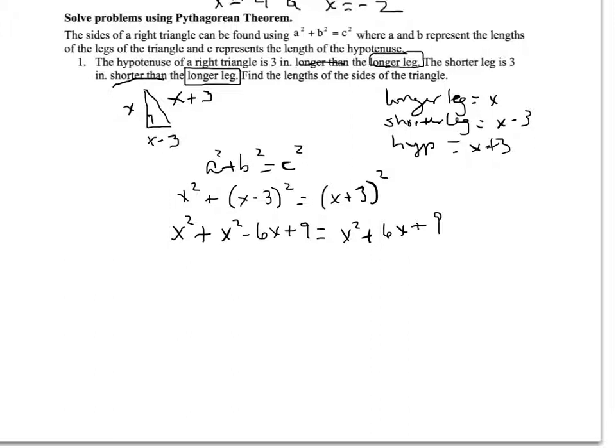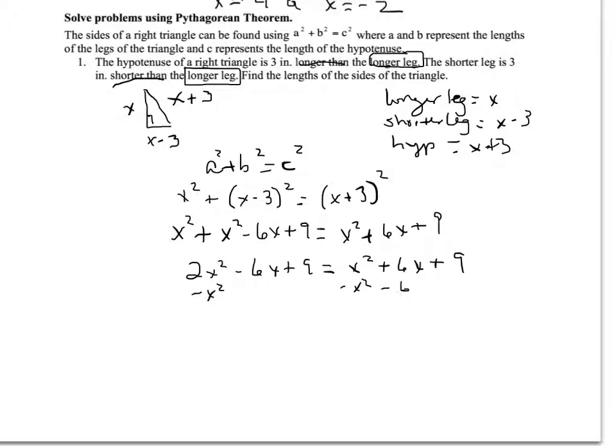Notice on the left, I have 2x squareds. So 2x squared minus 6x plus 9 is equal to x squared plus 6x plus 9 on the right. And since I have x squareds on both sides, I want to move everything to the side where the x squared is larger. In this case, I'm going to move it to the left. So I need to subtract x squared from each side.